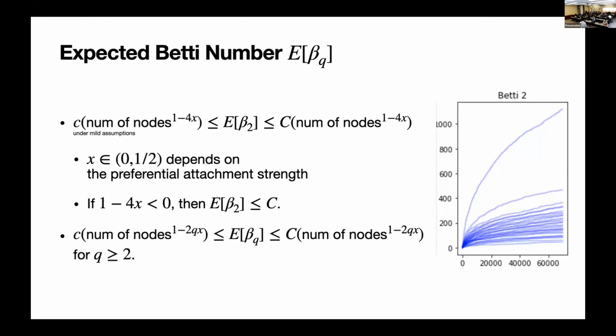So a simple Morse theoretic argument will show you that the expected Betti number is just, I should write down something, (m minus 1) times the number of nodes, plus small o of the number of nodes.